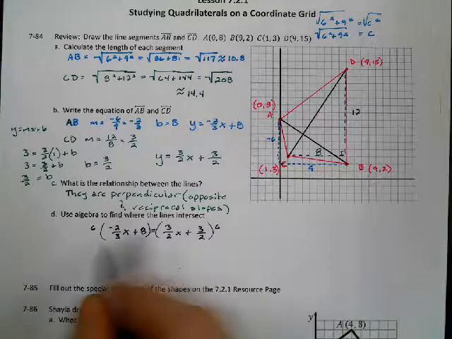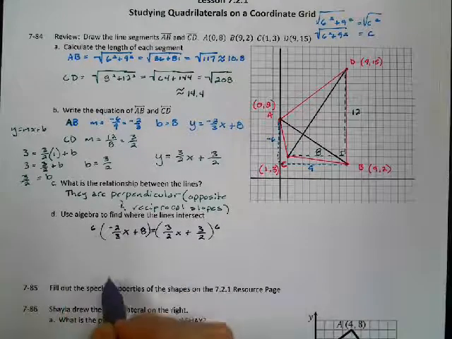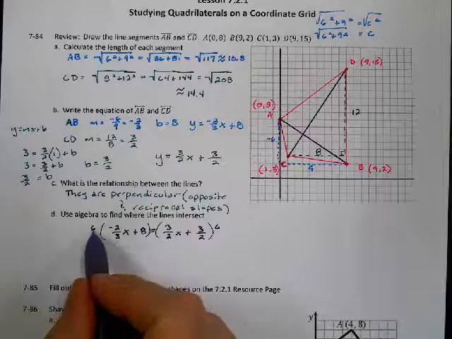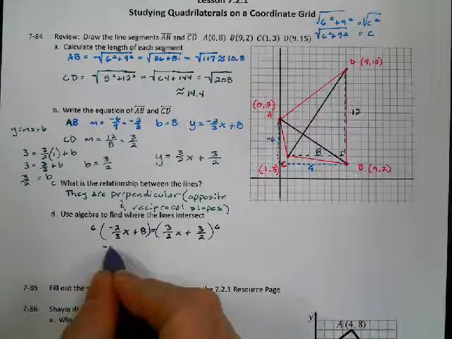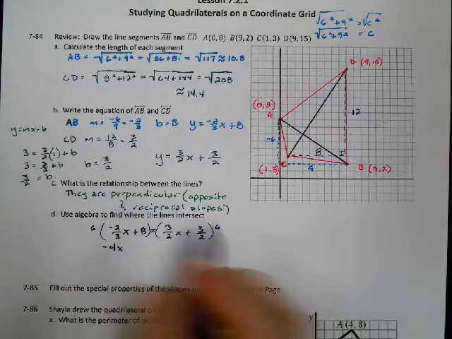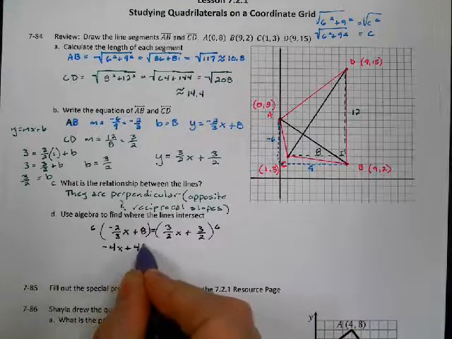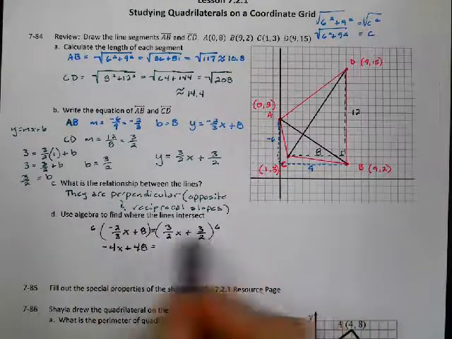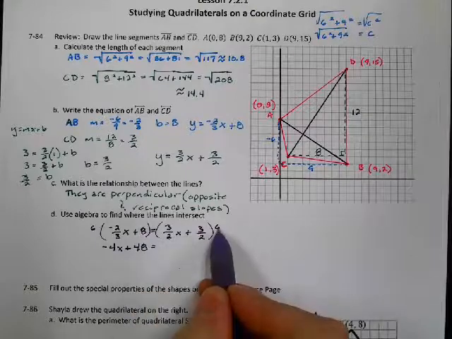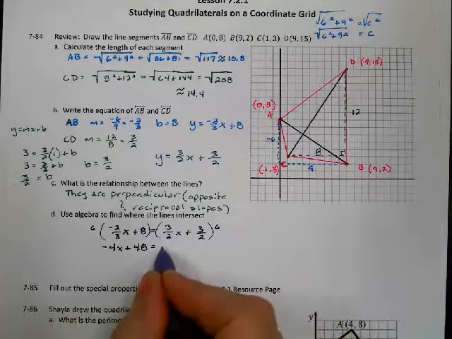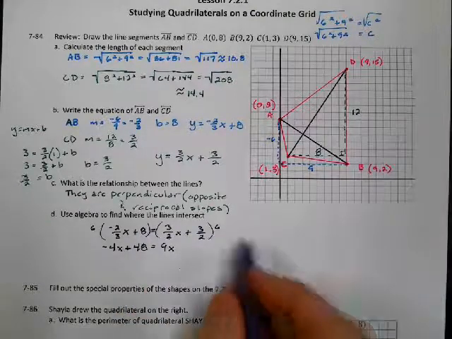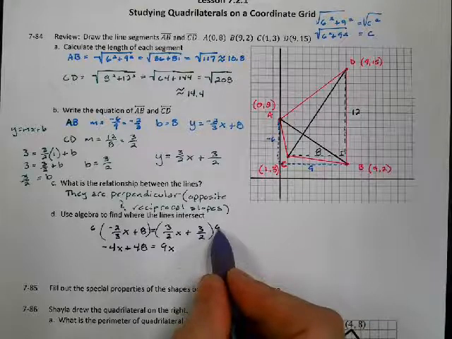So 6 times 2/3, 3 goes in 6 twice. 2 times negative 2 is negative 4x. 6 times 8 is 48. 6 times 3/2, 2 goes into 6 3 times. 3 times 3 is 9, so we get 9x right there. And then 2 goes into 6 3 times. 3 times 3 is 9 again.